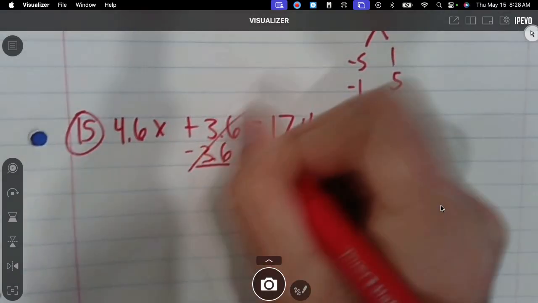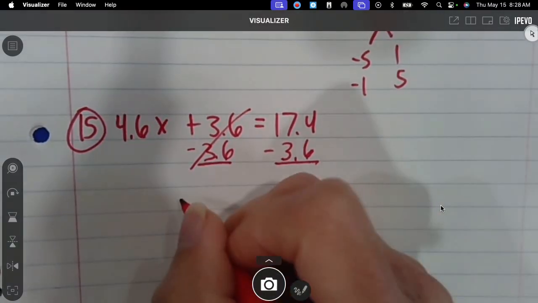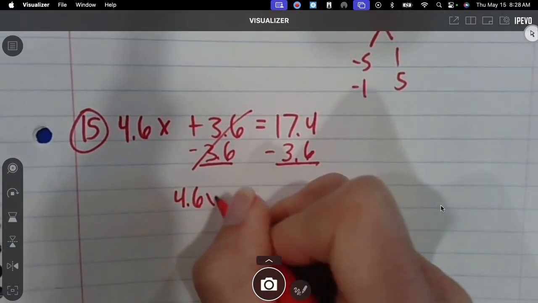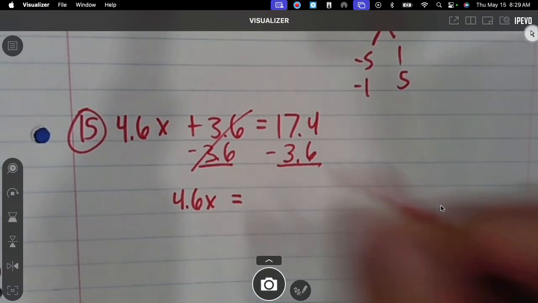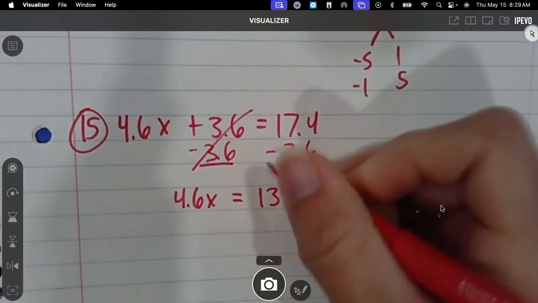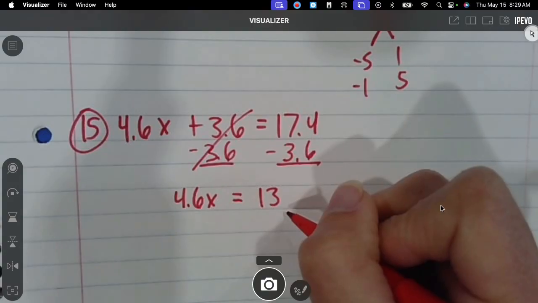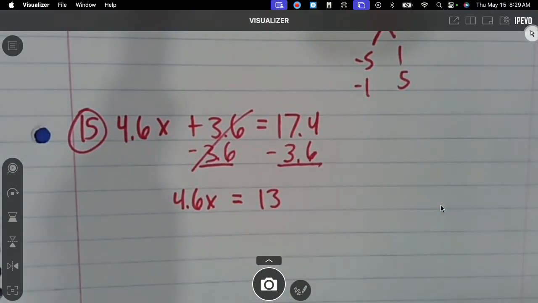So your calculator is going to do all the hard stuff. So you would write down the 4.6x. What is 17.4 minus 3.6? 13.6? I thought 13.8, but I don't know. Let's see. I'm going to double check because I'm not going to put the wrong thing in front of y'all.